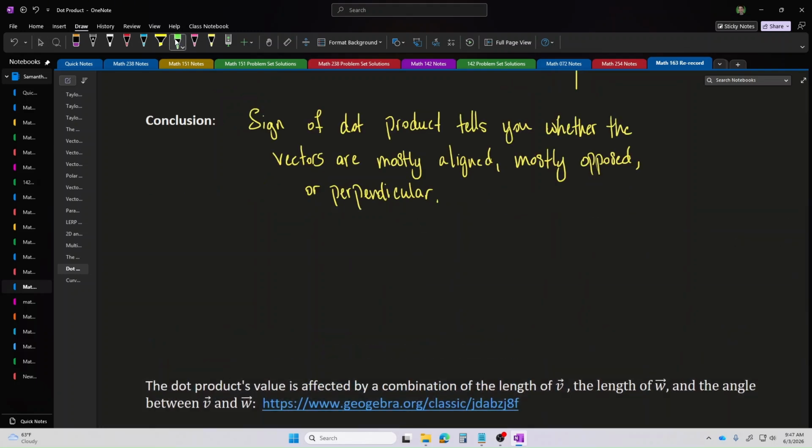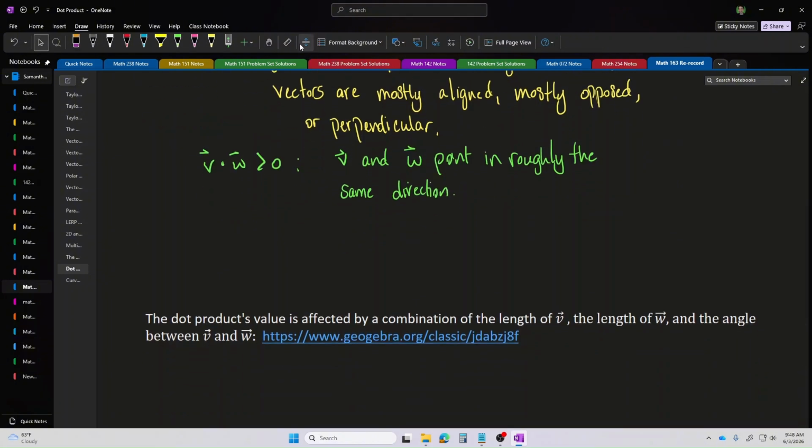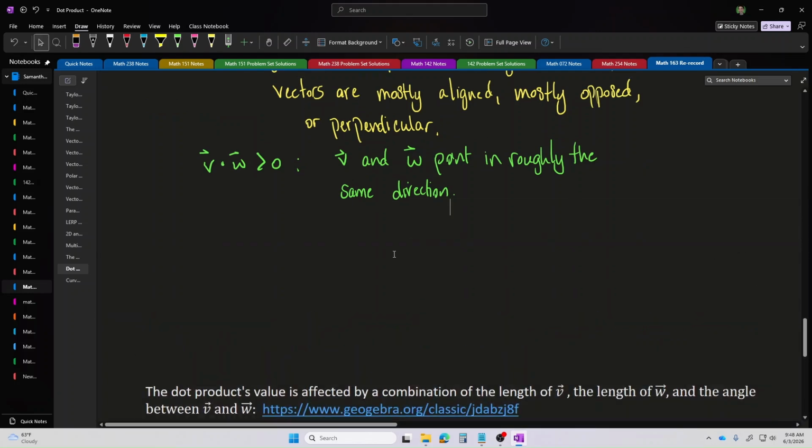Specifically, to reiterate what we said above, if the dot product is producing a positive value, then this is a sign that V and W point in roughly the same direction. Perhaps not exactly in the same direction, but they are more aligned than they are opposed.